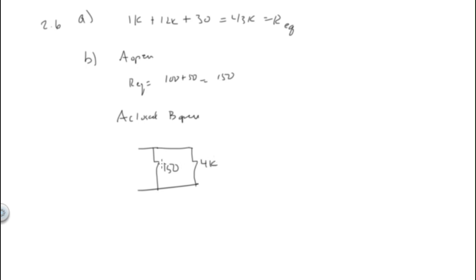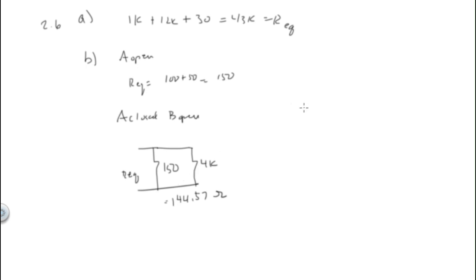So what is the R equivalent of this? It's the parallel rule. 150 times 4,000 divided by 4150, or what? 144.57 ohms. Is that right? Well, it's less than the least of the two, which is about right. So we know it's a little bit less, and it's just a little bit because this is such a much bigger number than that, so it dropped just a little bit, but it did drop.